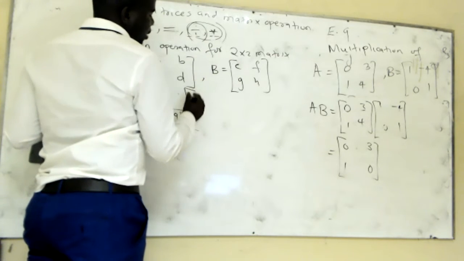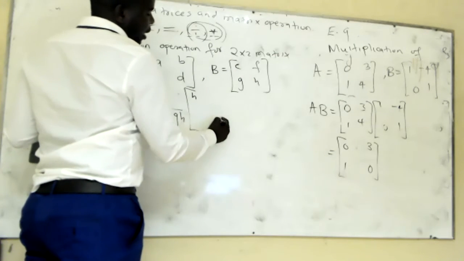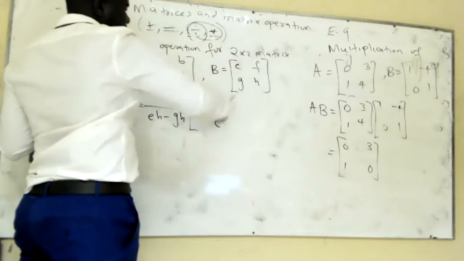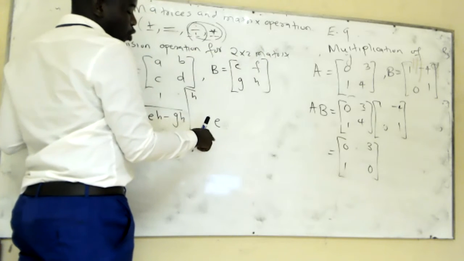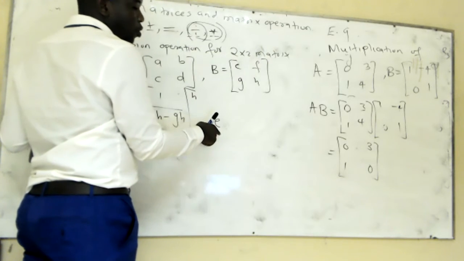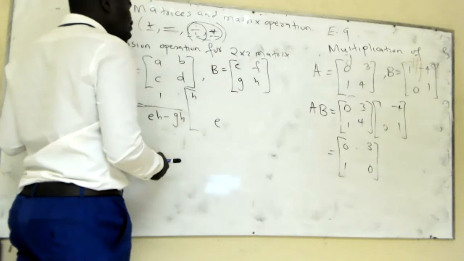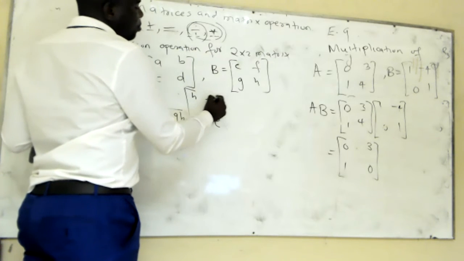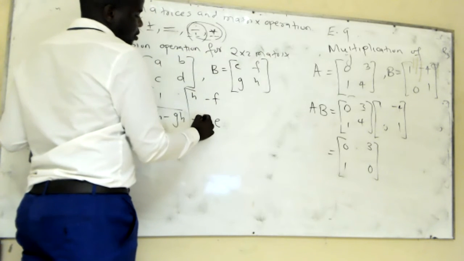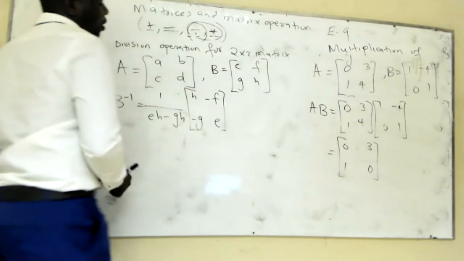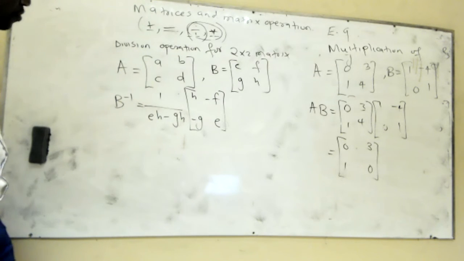Where you have E, you write H. Where you have H, you write E. These are on the diagonal, so on the diagonal you swap the positions. And for the components off the diagonal, you put the negatives like this. This is how you get the inverse.